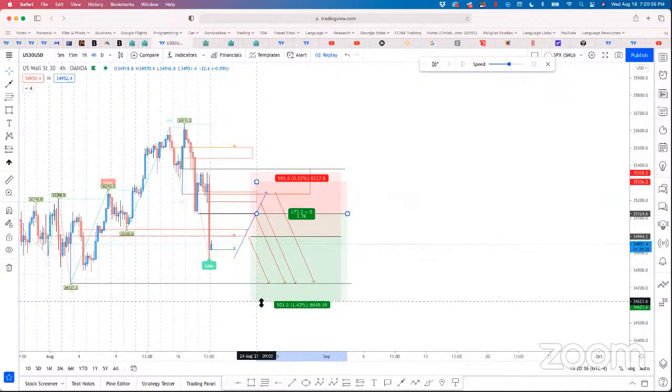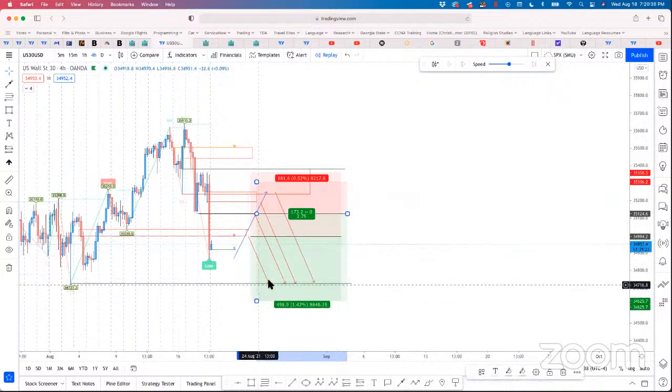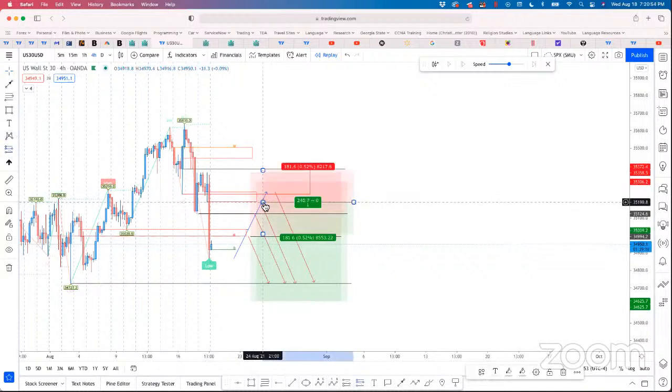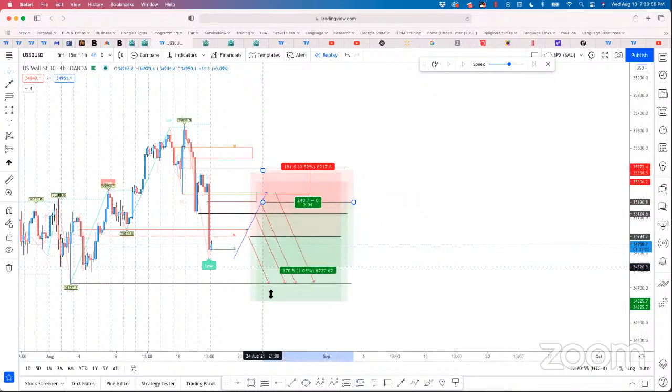This one has a better risk reward. I still want to see this low. If it rejects, I would still want to see this low tapped at least and then reject from here, right? Then this would be the third scenario for the sell from here.